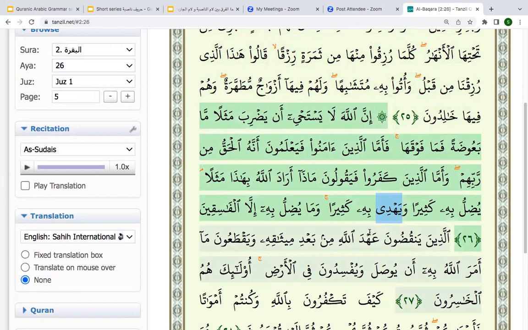It's rafa in status, right? If it's marfu, mudari marfu, or rafa in status, right? Because if it was nasb in status, what would you see on ya? What would happen to ya? In that case, ya will have a fatha.